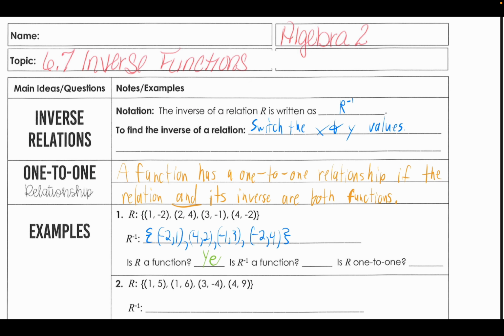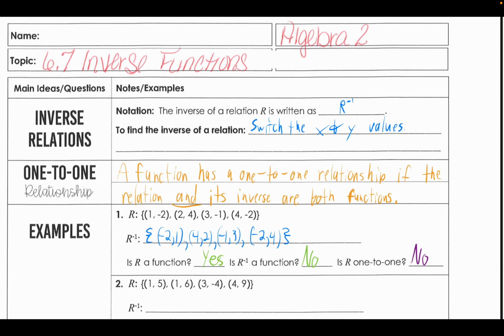Yes. Now is the inverse a function? Okay, so in this new one, we have to follow the same rule. We say, is each x going to only one y? And we say, no, actually. -2 has two y's. It's going to both 1 and 4. And so no, second one's not a function. And so is it one-to-one? No, it is not one-to-one, because the inverse is not a function, even though the original one is.